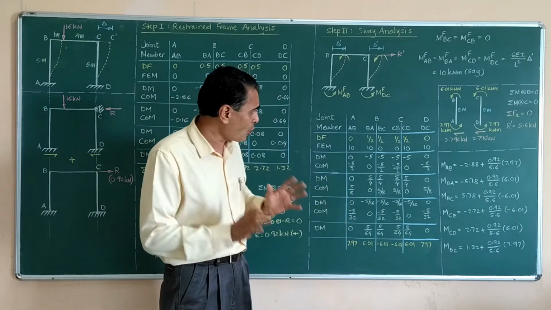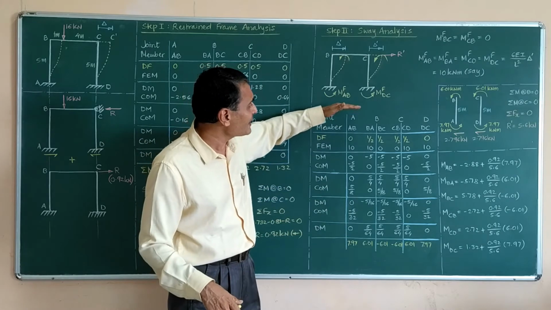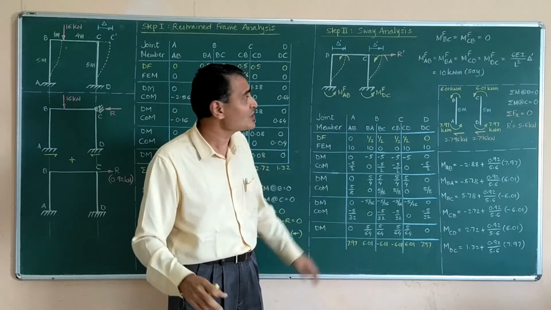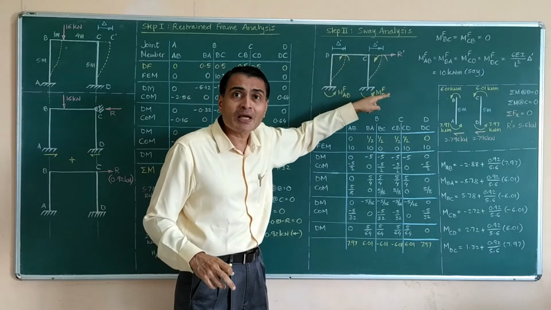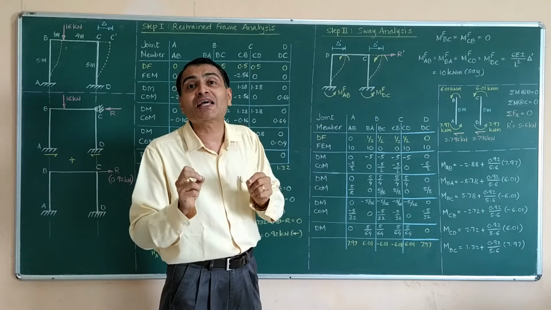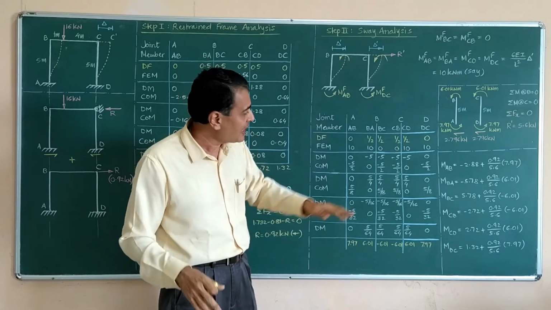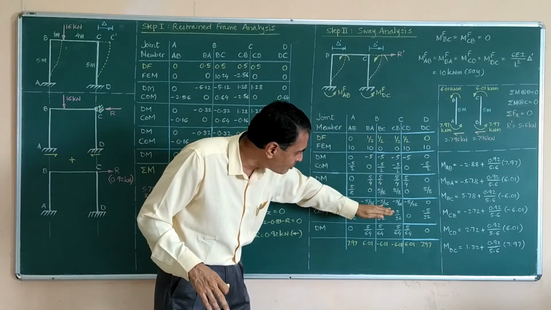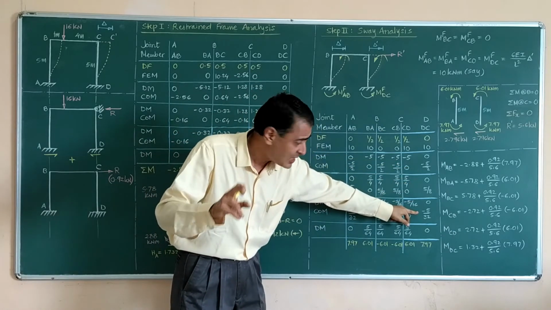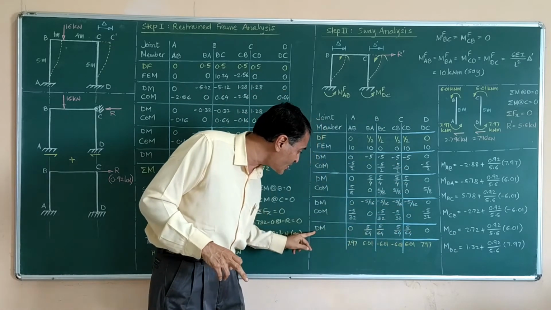So great, what have I done? I have carried out moment distribution analysis for the sway frame, assuming that the moments generated are 10 kilonewton meter each, and then I have distributed those moments. I have done as usual 1, 2, 3 cycles. After that I have taken the summation.